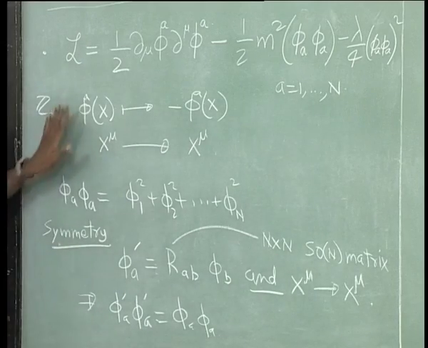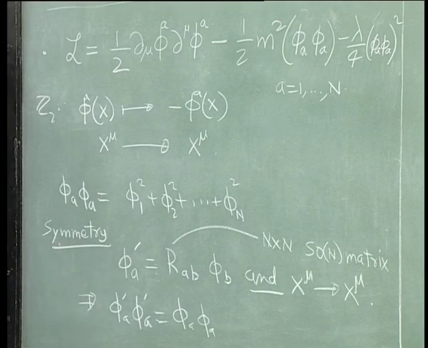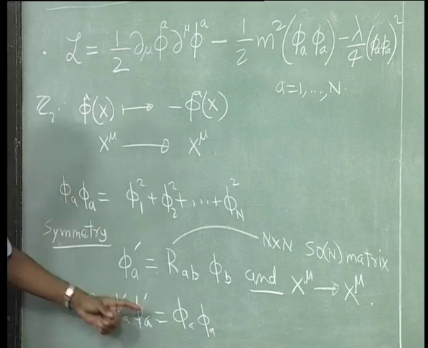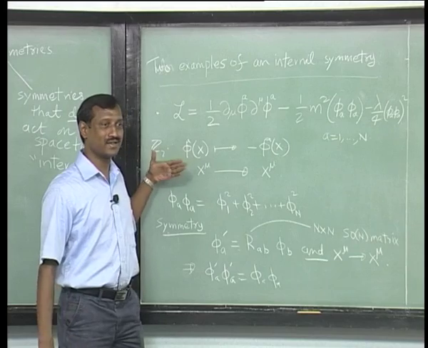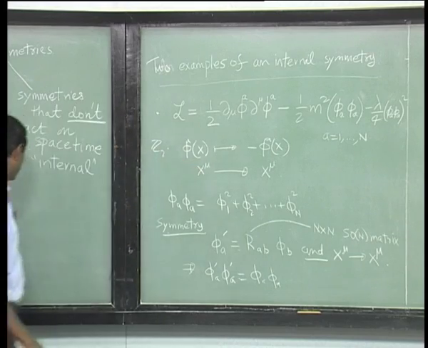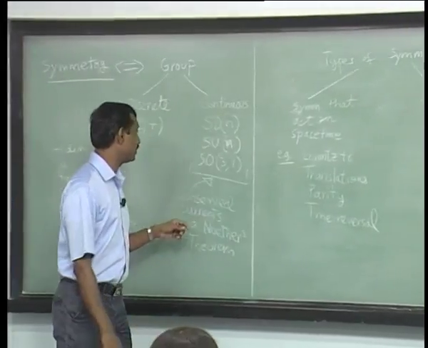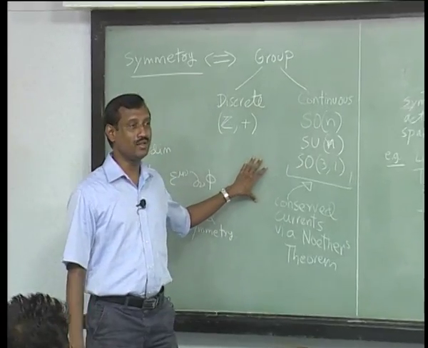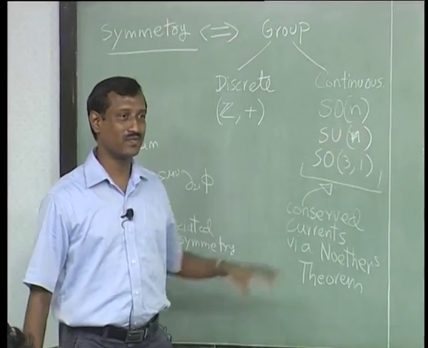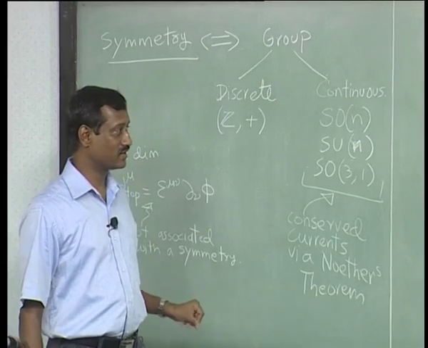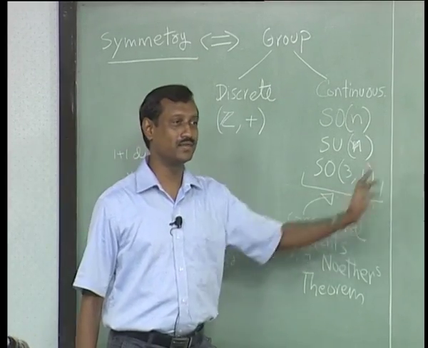So, this is an example of an internal symmetry, but the key point here is again this is a continuous symmetry while this is a discrete internal symmetry, and Noether's theorem does not distinguish between whether a symmetry is internal or whether it is acting on the space time coordinates, okay. I do not think this is called external, by the way.